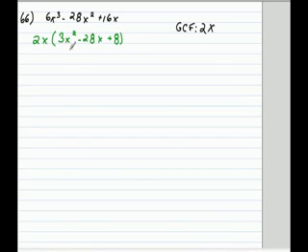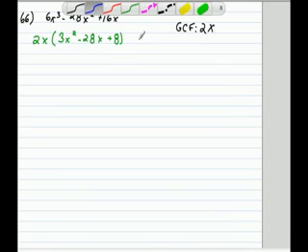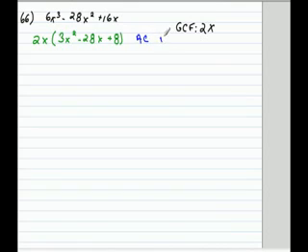Leading coefficient still isn't 1, not perfect squares, so we have to work the AC. So AC and B. My AC is 24. My B is a negative. Oh, shoot. Not 28.